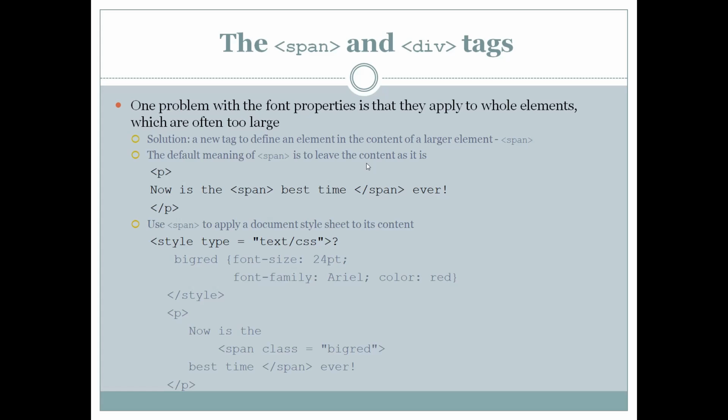But if I declare something inside a span tag, it does not have any default style. So the content of the span tag is left as it is. There will be no difference with or without the span tag.